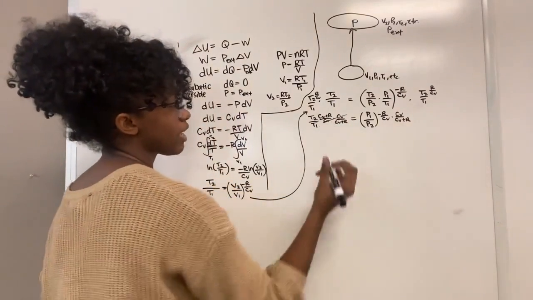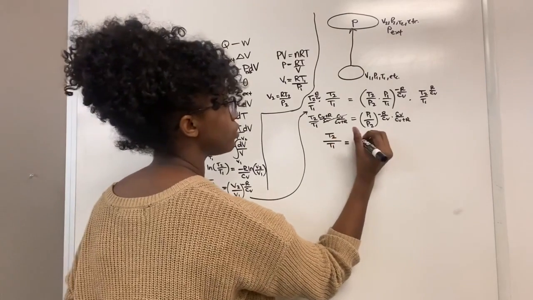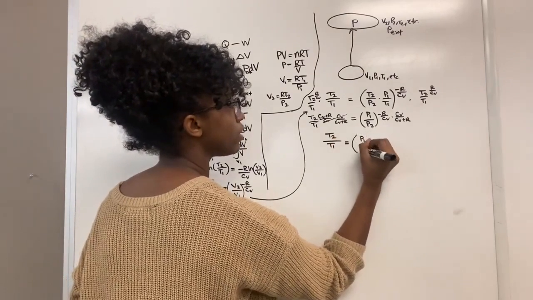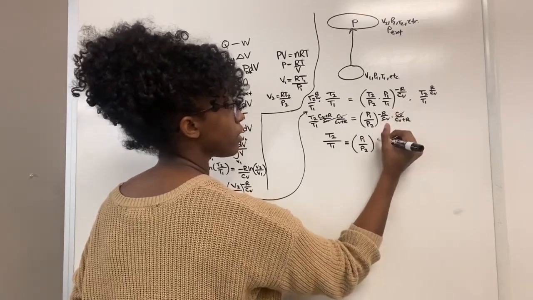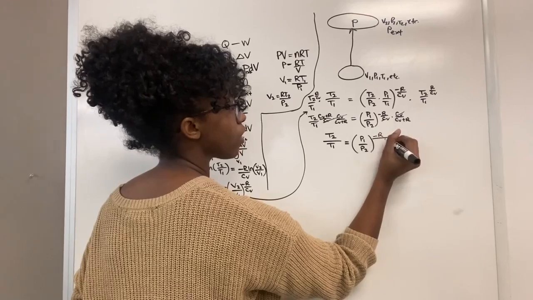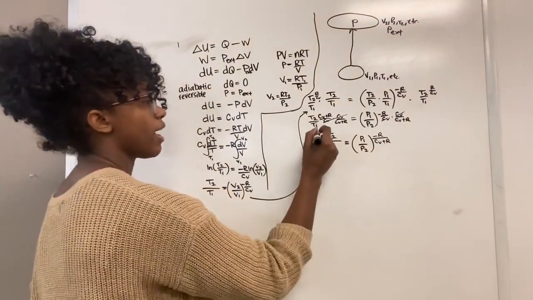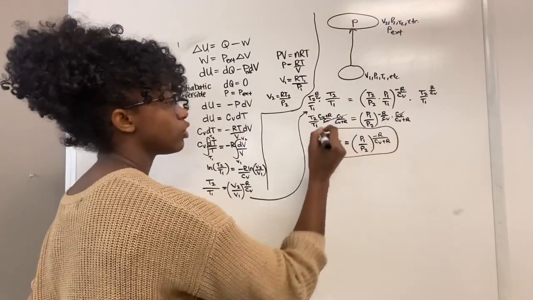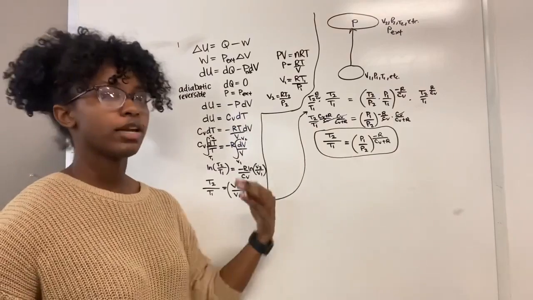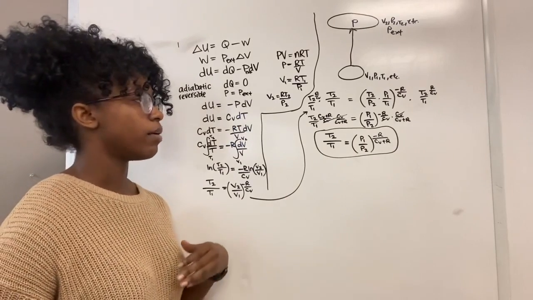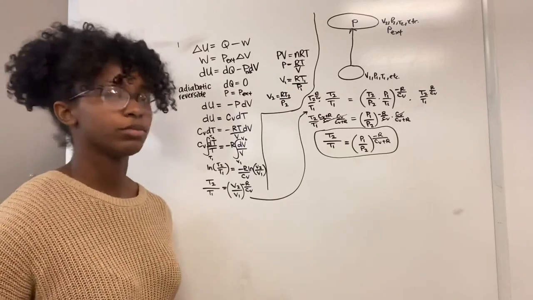So this exponent completely cancels out. We're left with T2 divided by T1 is equal to P1 divided by P2. The numerator and denominator cancel out, so we're left with to the negative R over CV plus R. And this leaves us with the relationship in how temperature and pressure of an ideal gas behave and relate to each other during an adiabatic reversible expansion.